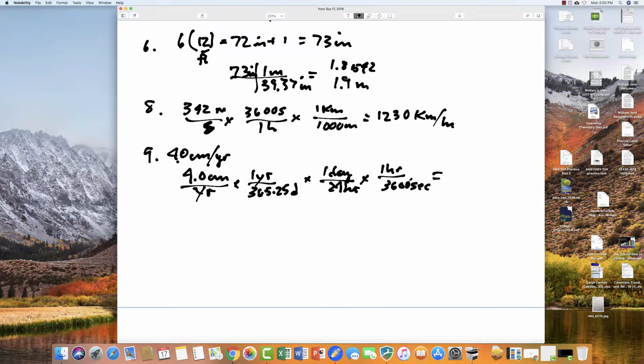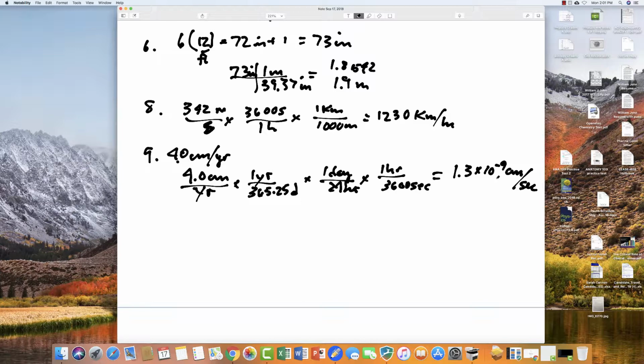If you do all the calculating here, you should get approximately 1.3 times 10 to the minus 9 centimeters per second.